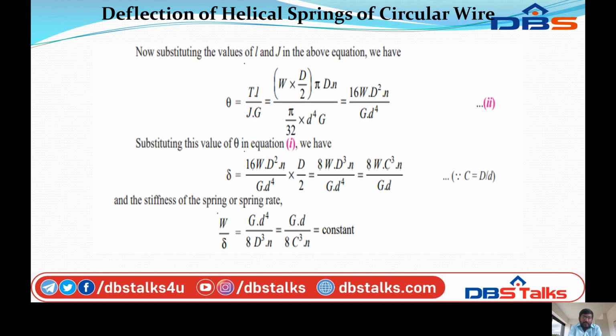Now substituting the values of L and J in the above equation, we have theta equal to TL by JG.